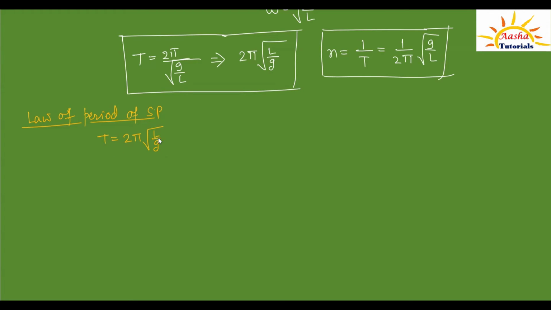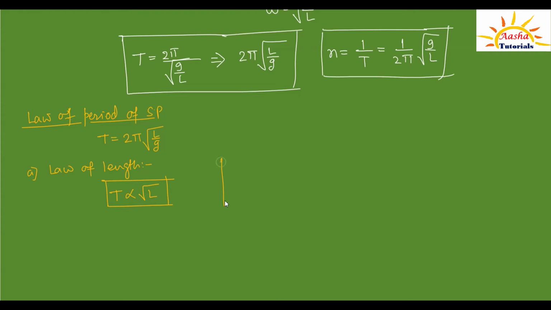So this is our formula. In this formula, if I consider that g, the gravitational acceleration, is constant, the first law we can write is the law of length. T, the period of the simple pendulum, is directly proportional to root of length. So if the length of a pendulum is more, the period is more; if the length is less, the period is less.